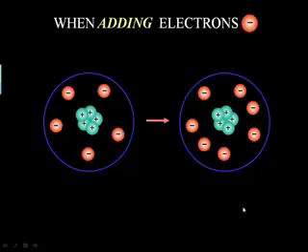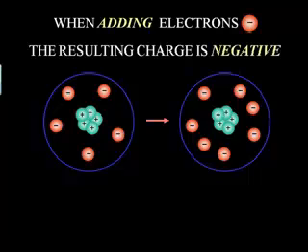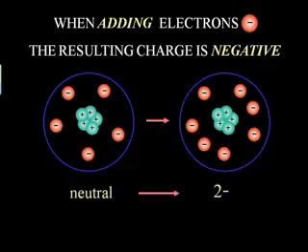And then when we add electrons, we are adding negative charge, so our resulting ion would be negatively charged, and we call these anions.